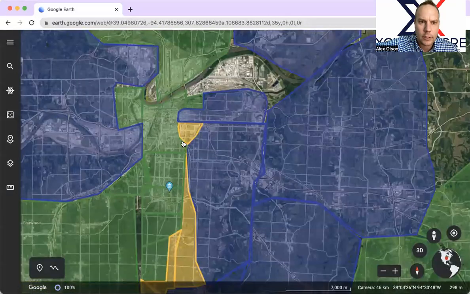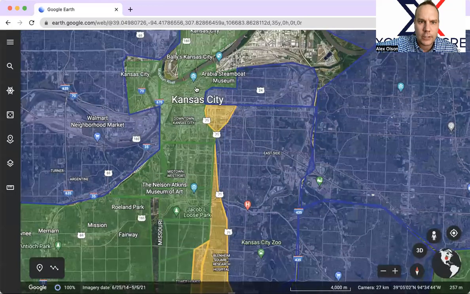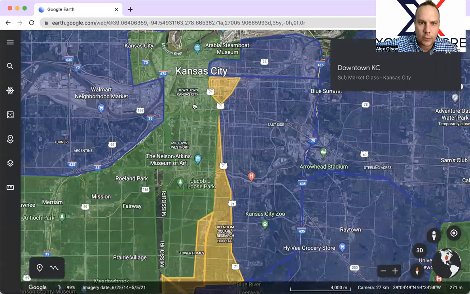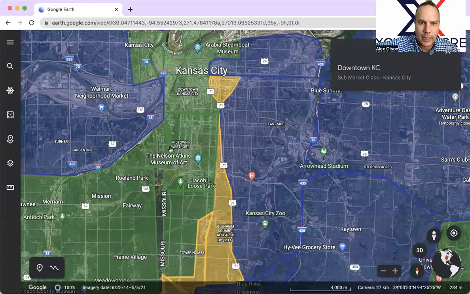Of course, downtown, which is this submarket here, is Class A in certain parts, and this is downtown Kansas City, Missouri. Then as you continue south, this is Midtown. This is also considered Class A.